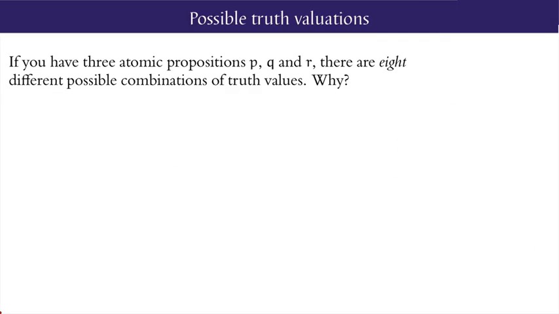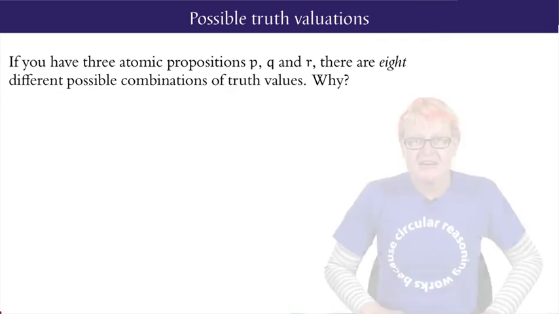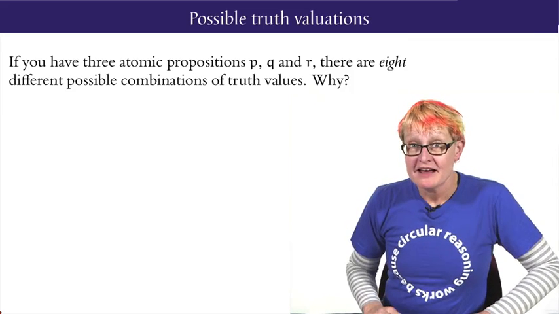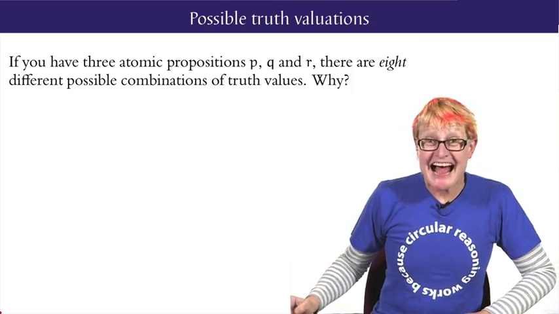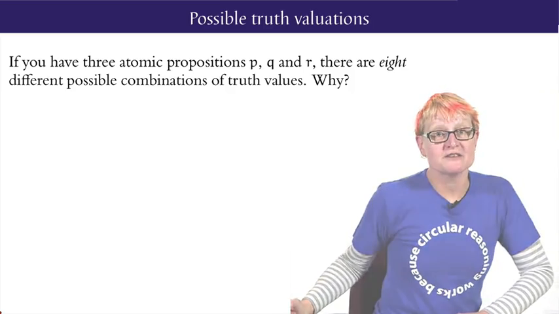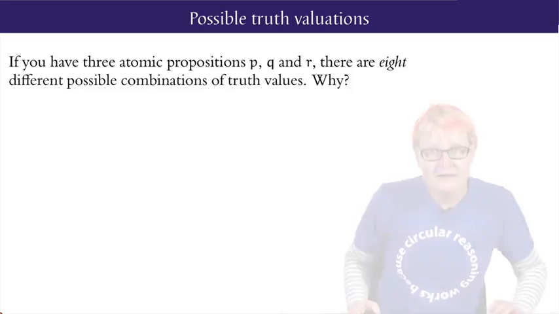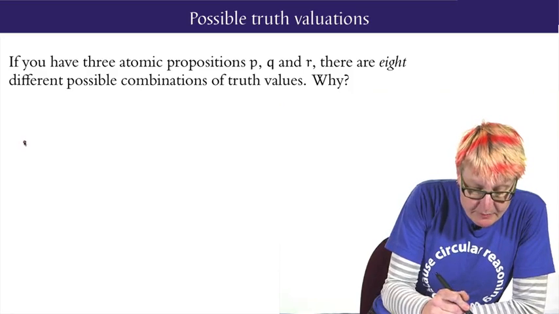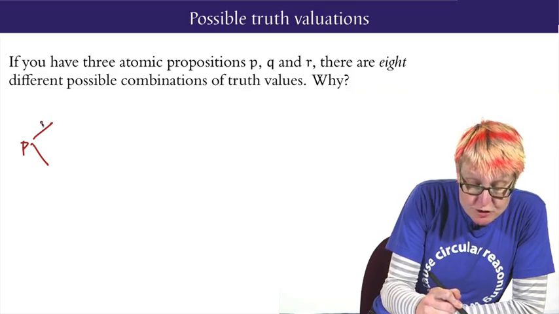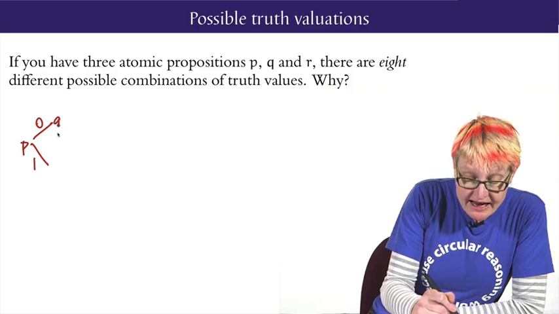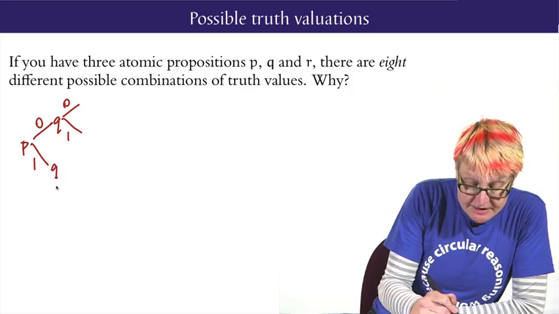So suppose we have a complex formula built out of 3 atomic propositions, P, Q and R. Then in fact, there will be 8 different combinations of truth values for that formula. To see this, P can take 2 possible values, 0 and 1, and then our next atomic proposition Q can be 0 or 1.